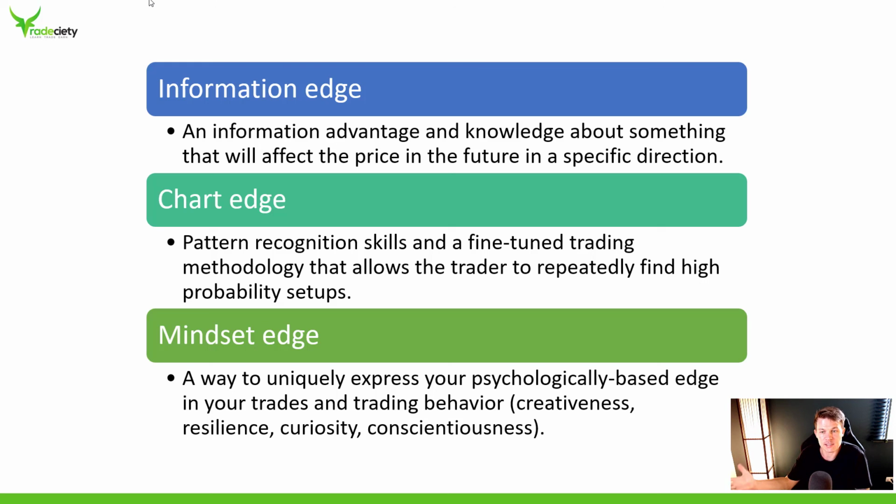Okay, you want to buy a specific company, but you don't just buy it right away. You then layer your chart edge on top of that. You pull up the chart and you try to find the best possible entry price, and then the best possible stop, the best possible target. And then you also have your mindset edge, where the mindset edge really allows you to execute your chart edge and to really keep improving your chart edge over time.